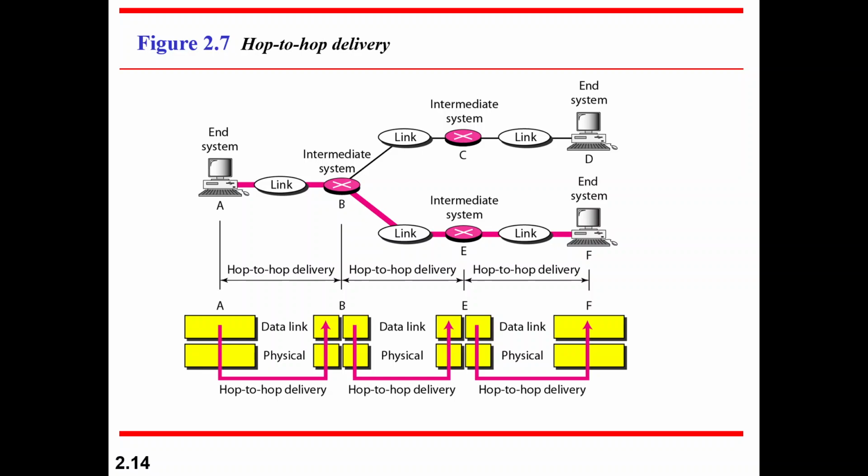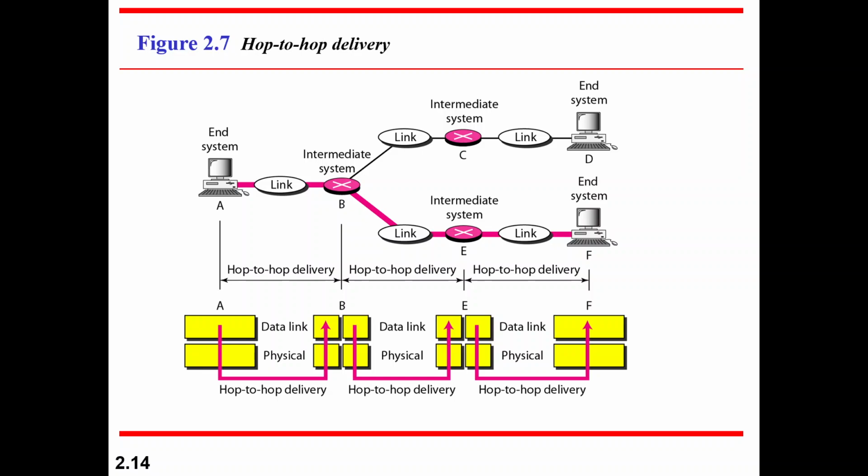First, the data link layer at A sends a frame to the data link layer at B, a router. Second, the data link layer at B sends a new frame to the data link layer at E. And finally, the data link layer at E sends a new frame to the data link layer at F.